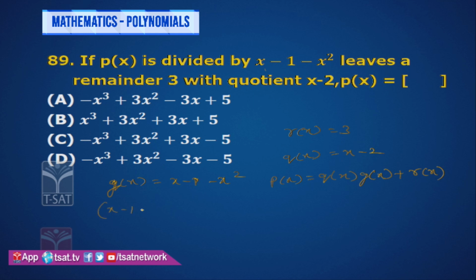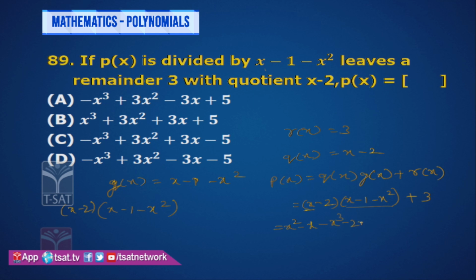X minus 1 minus x square, you multiply with x minus 2. Shall I write here only? So, I will write here x minus 2 into x minus 1 minus x square plus r of x, which is 3. You multiply the whole expression with x first. X into x is x square, x into minus 1 is minus x, x into minus x square is minus x cube.